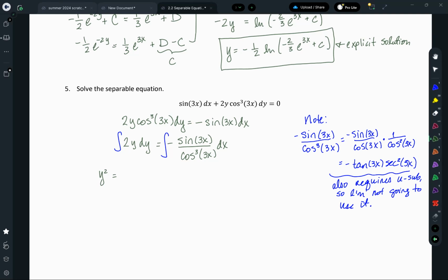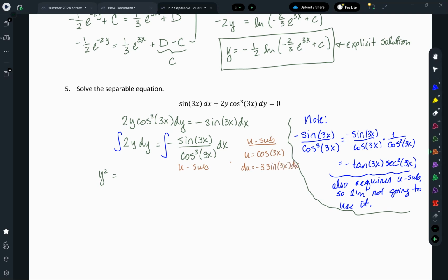Let me put my note off to the side, and I am going to label very clearly that I'm doing a u sub. u is equal to cosine of 3x, du is equal to minus 3 sine of 3x dx.